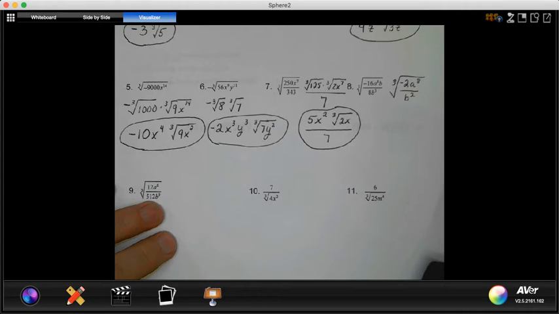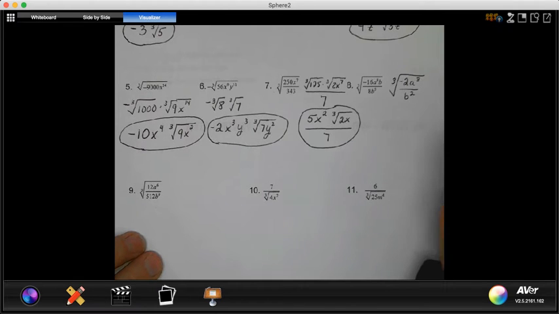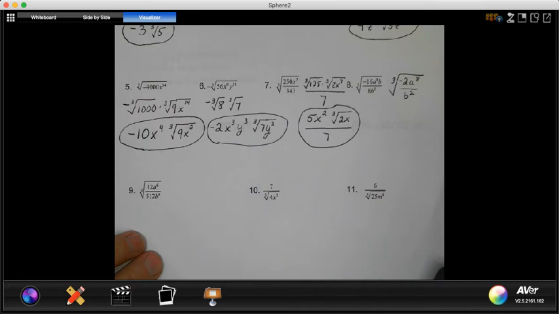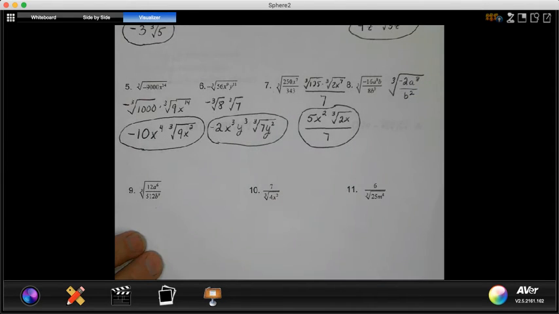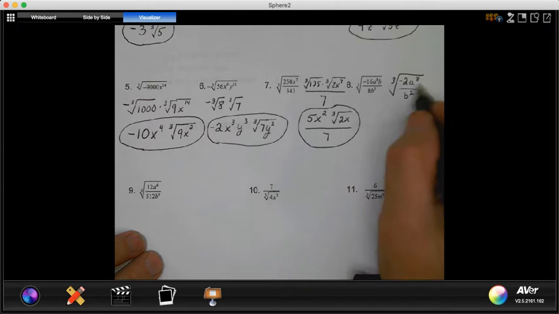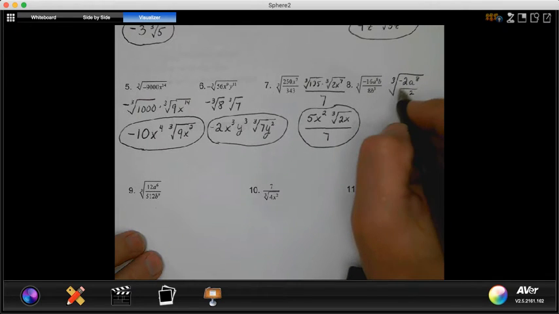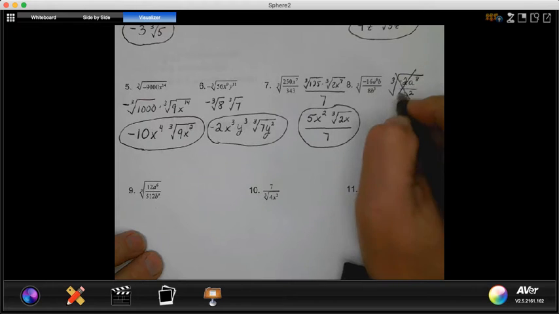Oh, maybe simplifying made it worse. Yeah, simplifying might have made it worse. Maybe we cube root the denominator, trying to find the simplest way to do it, but now I can't do anything with my denominator. So maybe the simplest way to do it is to just root the denominator right away. So we'll cross that off.